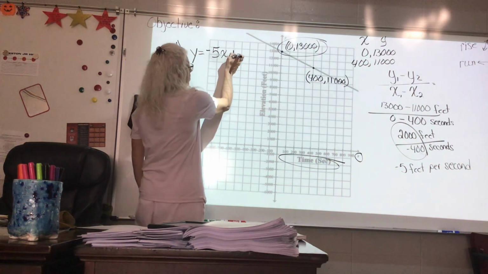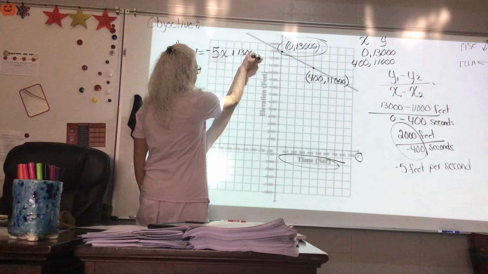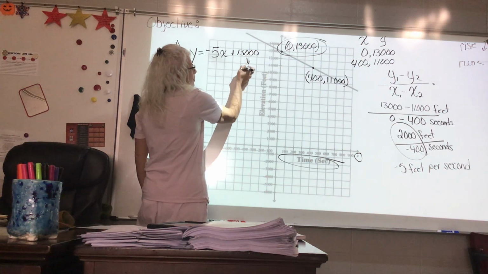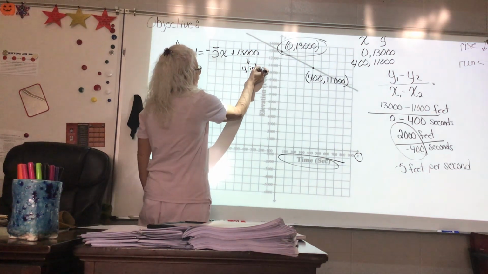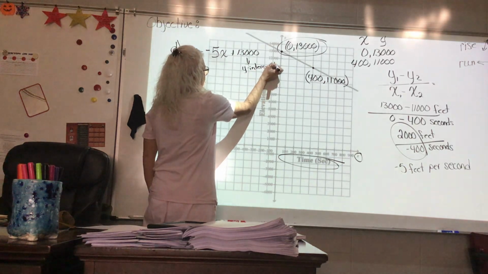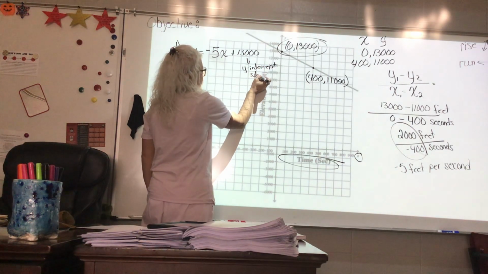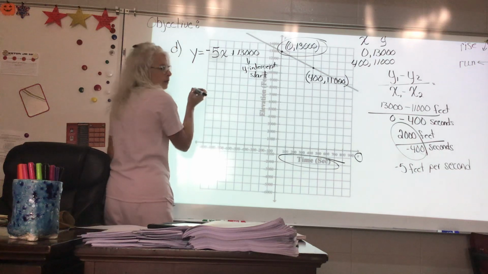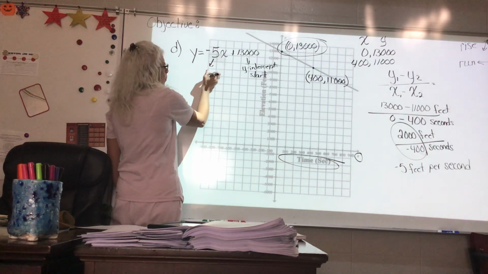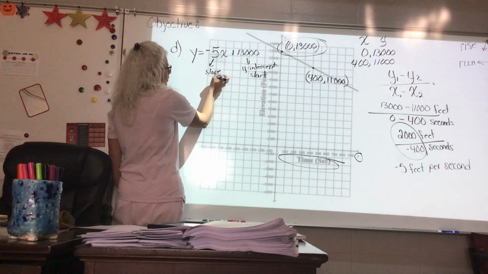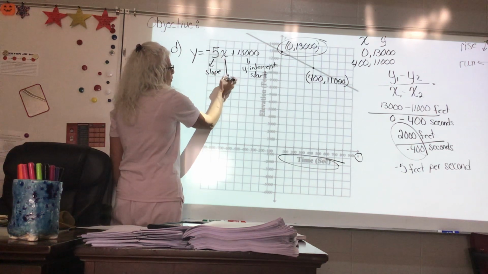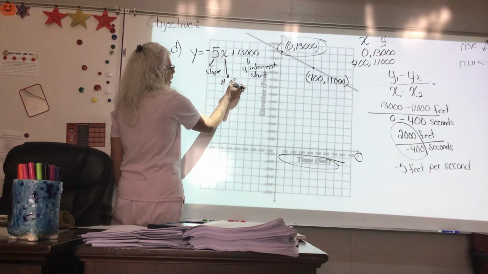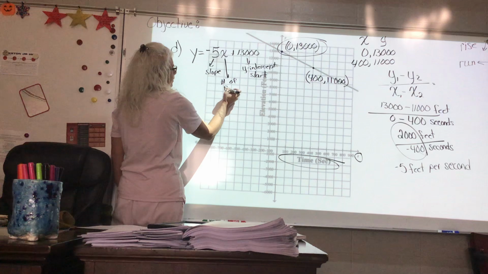So we would put plus 13,000 feet. This is your y-intercept, label it please, if you haven't done so already, which is your start. And this is your slope. This is the number of seconds.